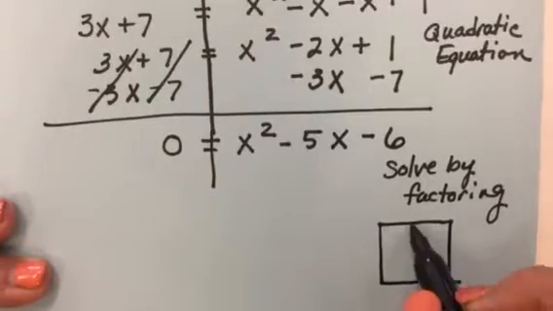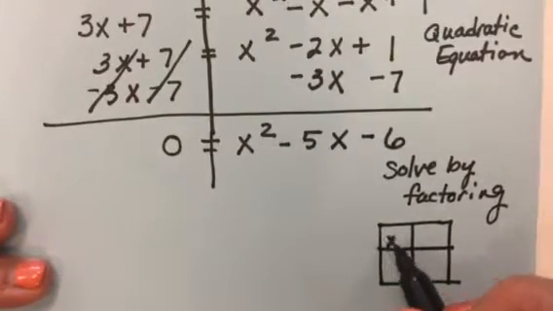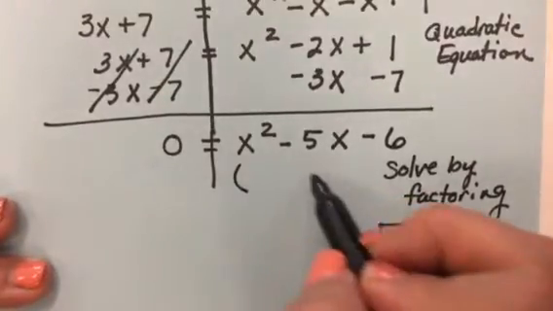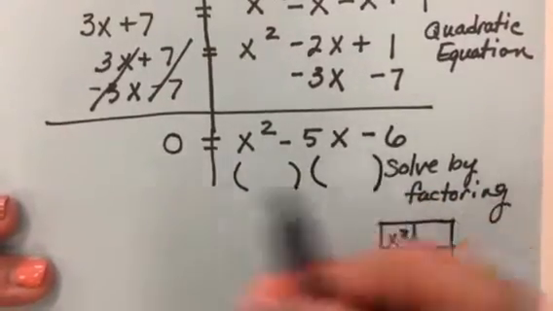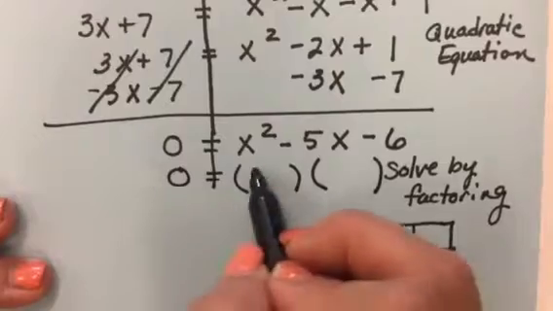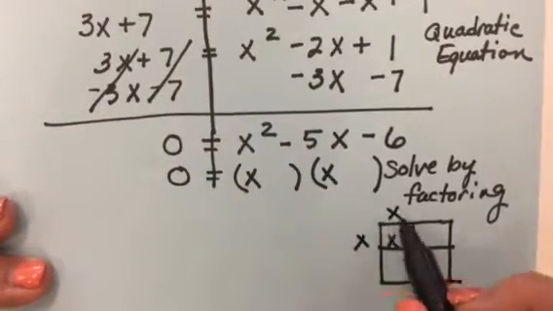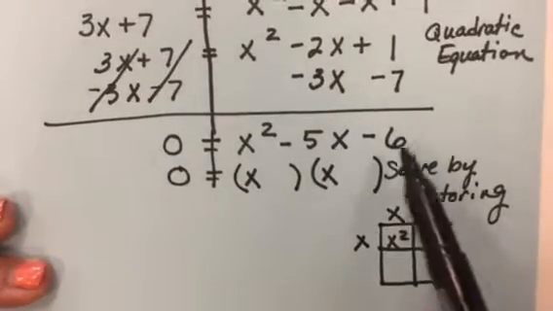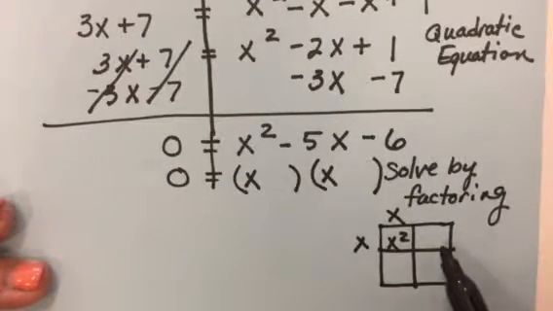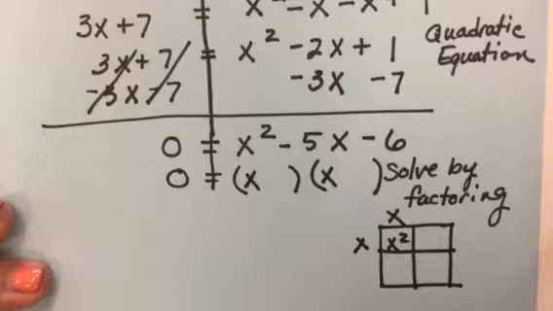What we're looking at here is an x squared, and again, we're going to set this up with our two binomials. And we know that this is going to be an x in each term because this is x times x. But now, looking at the negative 6, we need two factors that when we multiply, we get a negative 6, and when we add them, we get a negative 5.